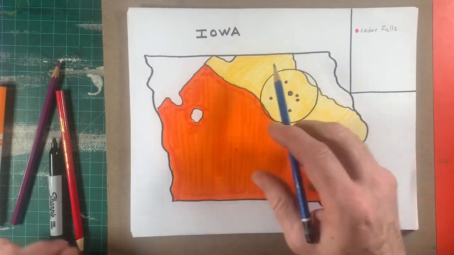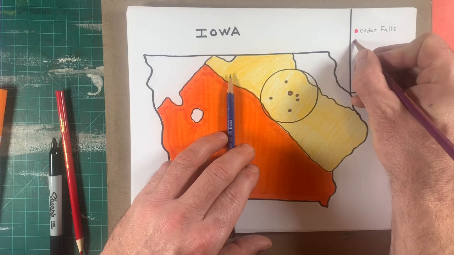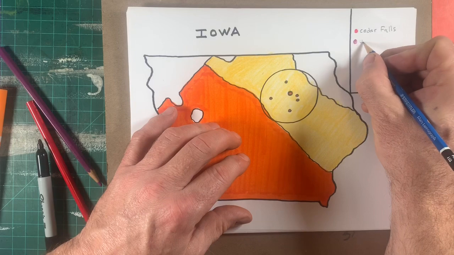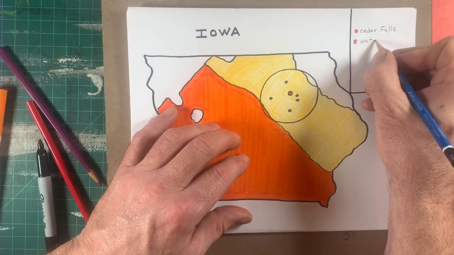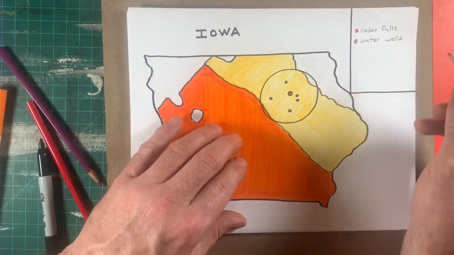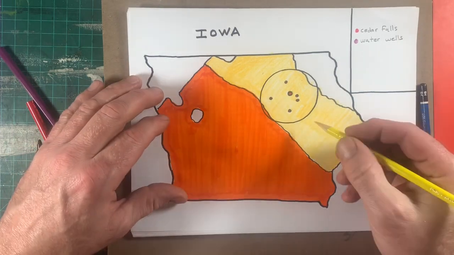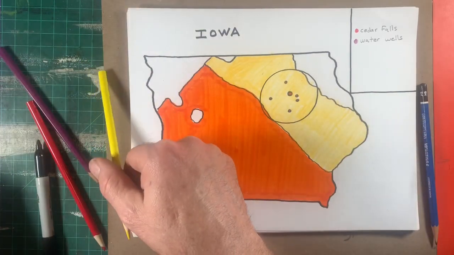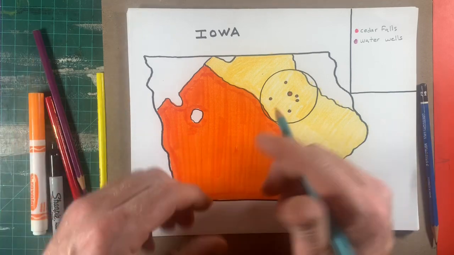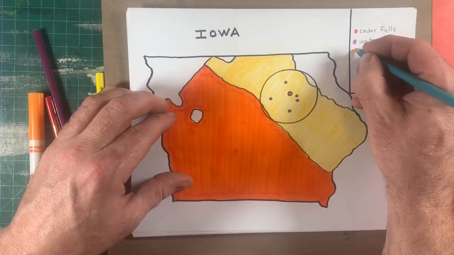Next we have these water wells, and they are going to be purple. So I have to make my purple circle here and write in water wells. The last two things I will put in my legend here are the two separate aquifers, the different rock layers.